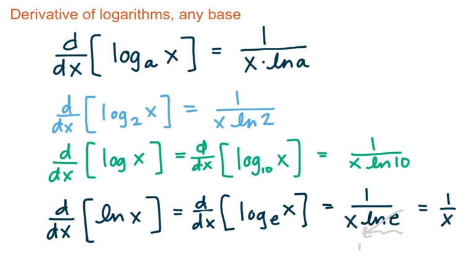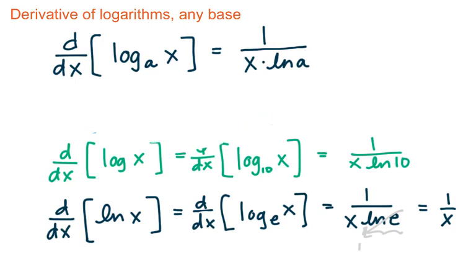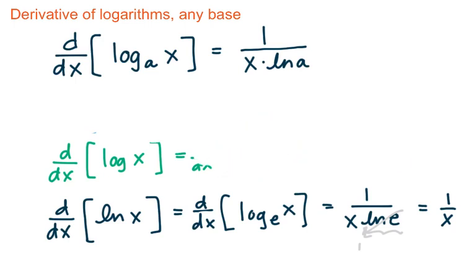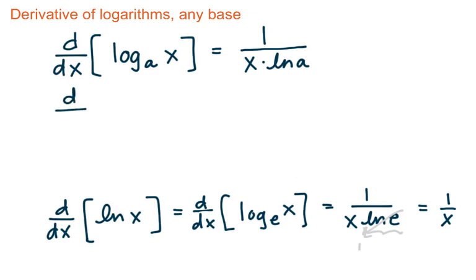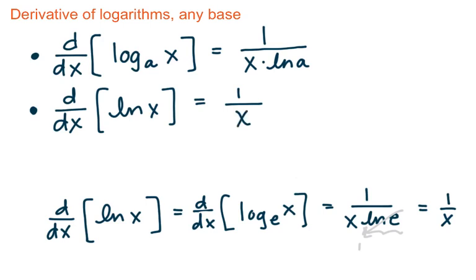I'm going to erase this and put this one other rule up above. Like I said, we can derive it, and we only need to know the first rule that I've written here. But the second rule we use so much, and it's pretty simple, that we tend to remember this one as well. So this would just be 1 over x.